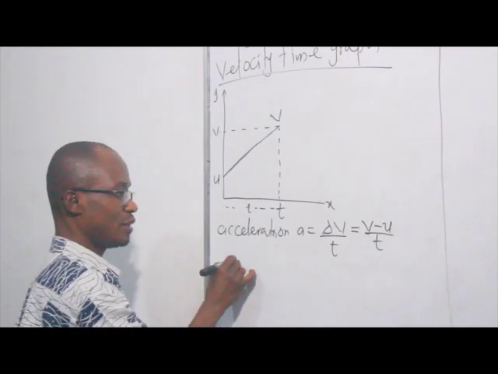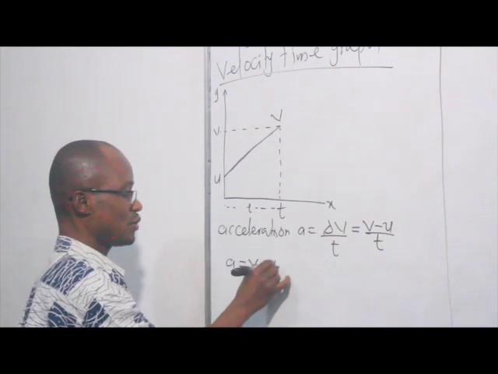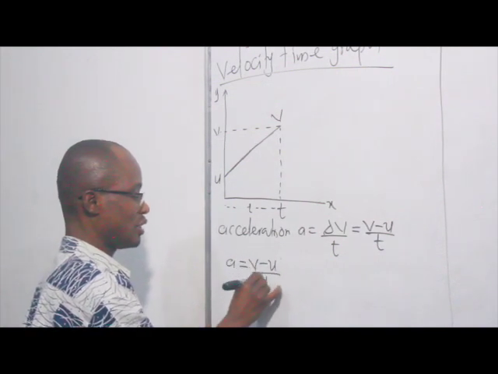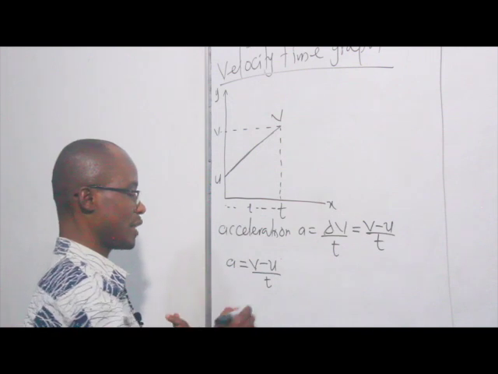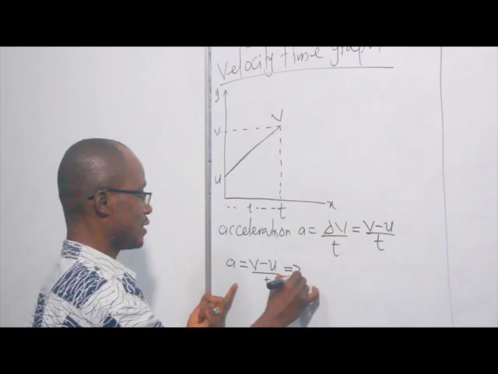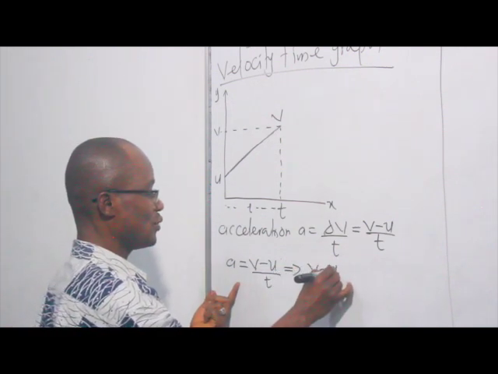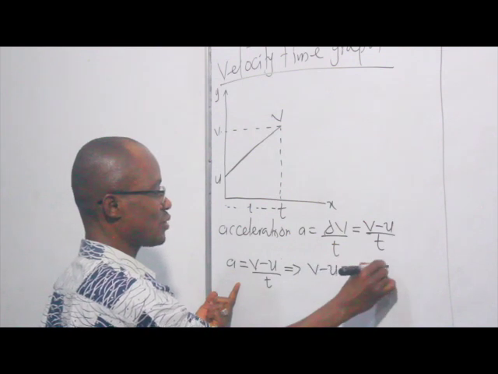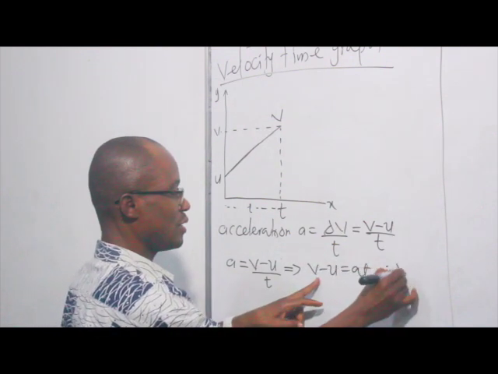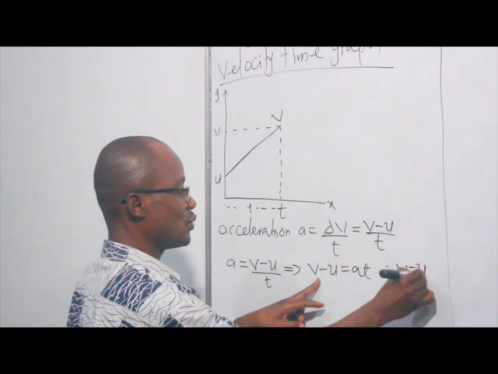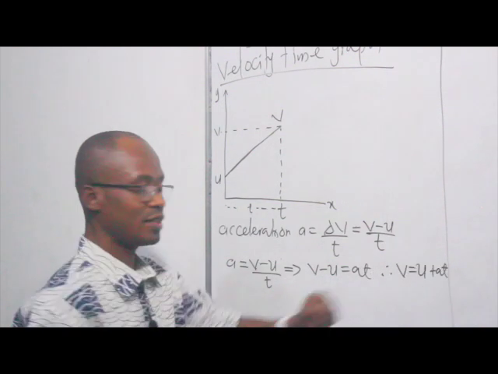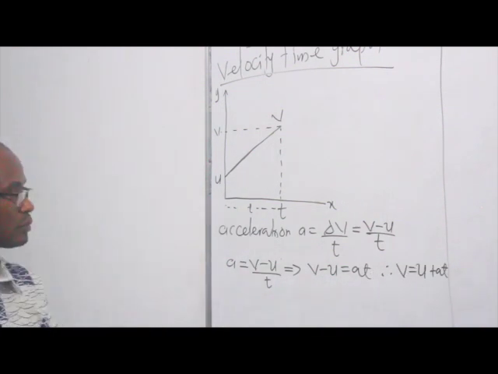Making v the subject, this implies that v minus u equals at. Therefore, v equals u plus at. This is the first equation of motion.